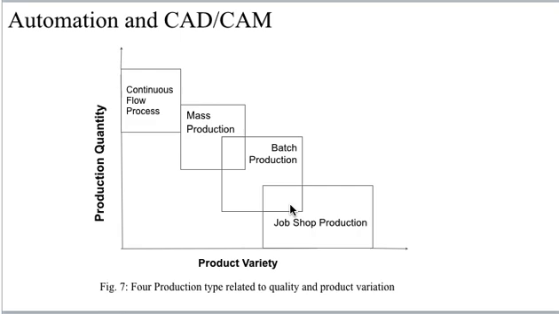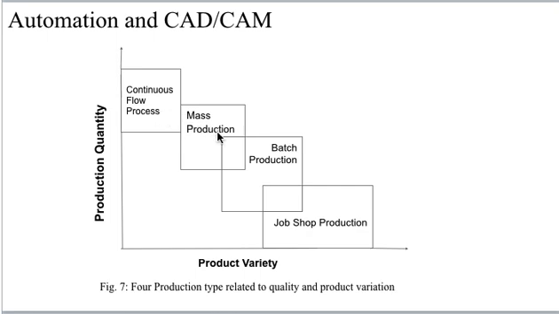There are some notable achievements in automation technology for each of the four production types. The continuous flow process category is dedicated to production of large amounts of bulk product, for example chemical plants, oil refineries, etc.